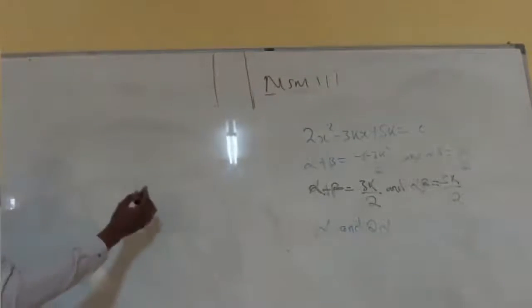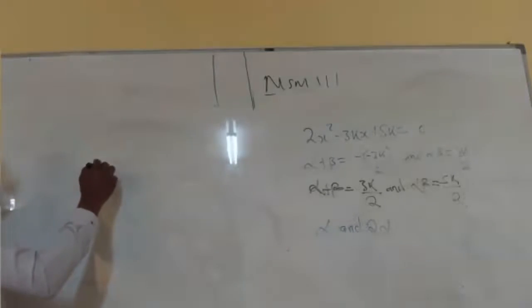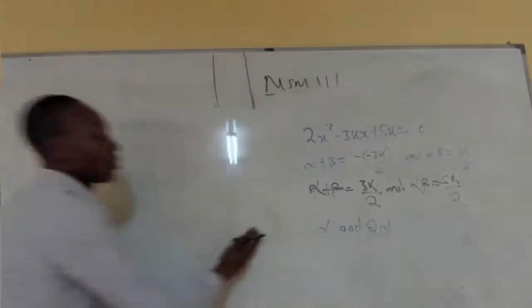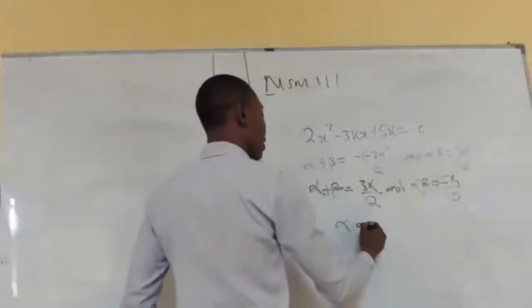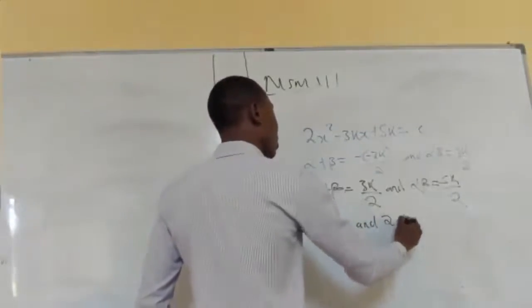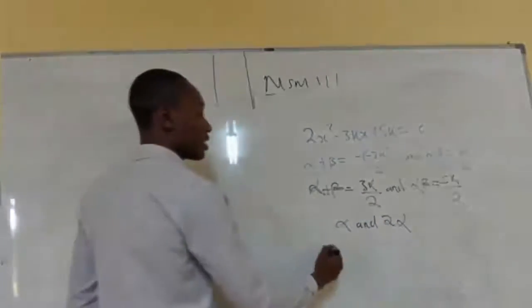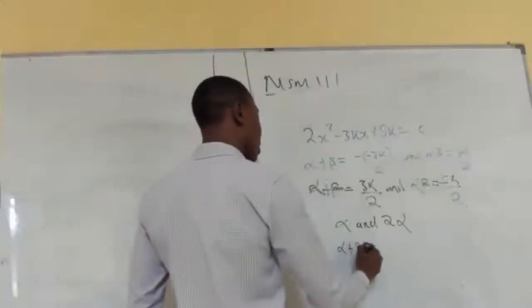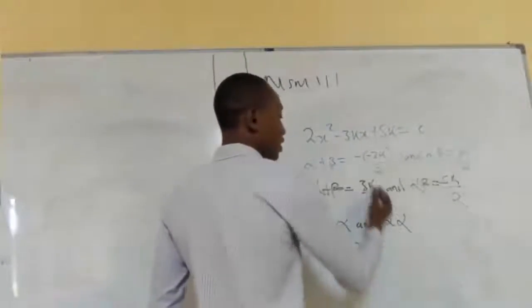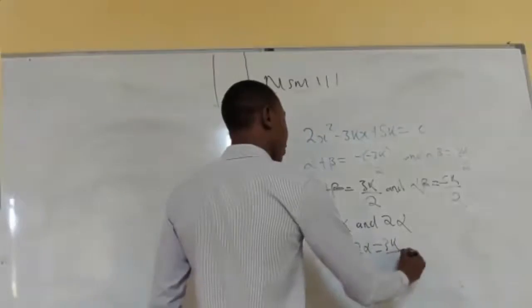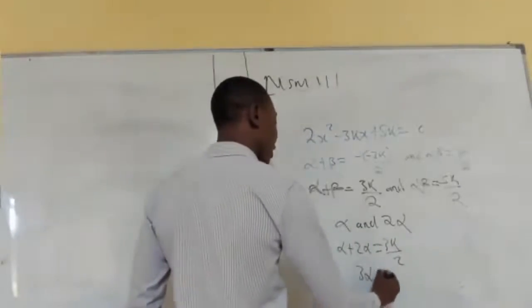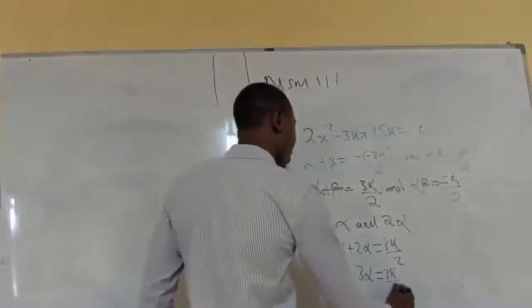If one root is alpha, then the other root will be 2 alpha, right? So you have the sum of the roots as alpha plus 2 alpha, and this should give us 3k over 2. So you have 3 alpha is equal to 3k over 2.